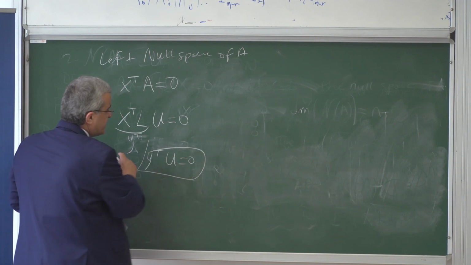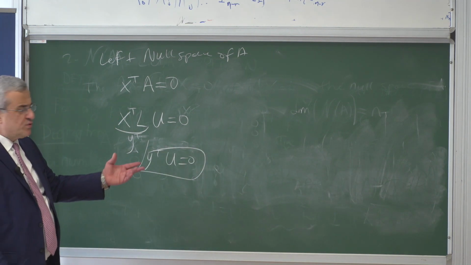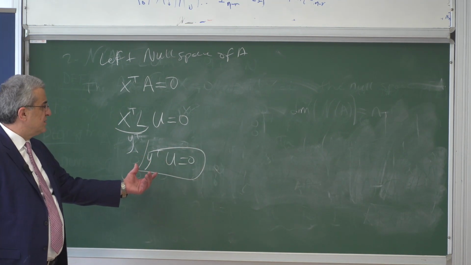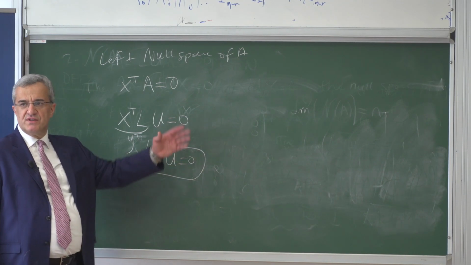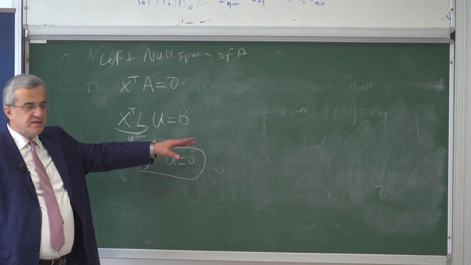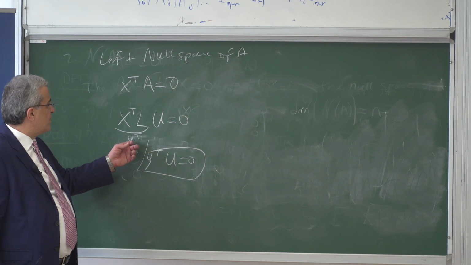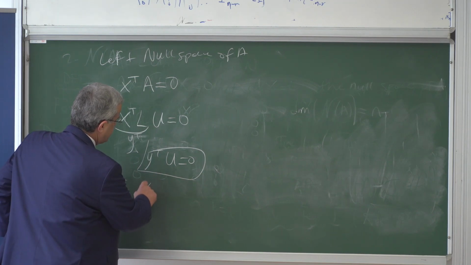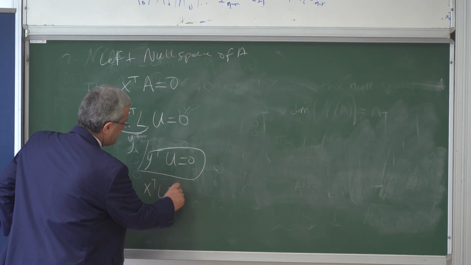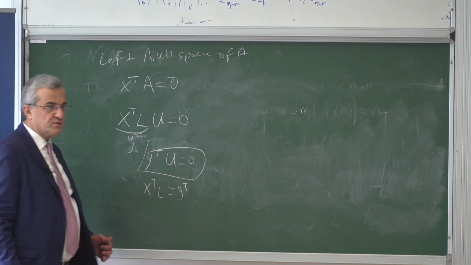So this is again, you have to find the left null space of U from this equation, right? Like we did there. Then you solve for Y from this equation. Then you say X transpose L is equal to Y transpose.